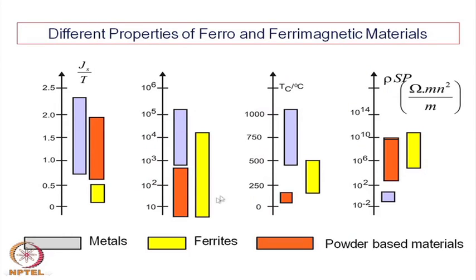So, all these things become important so far as the preparation of these materials is concerned. There are some intrinsic properties no doubt, but if you have to take advantage of the intrinsic properties, the preparation conditions, the extrinsic conditions, have to be maintained properly. So, this is how some of the properties of the metals, ferrites and the powders compare.